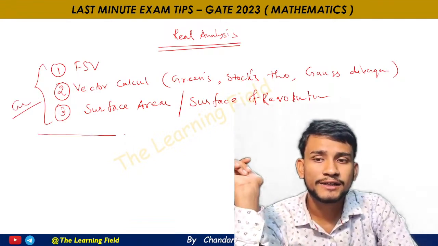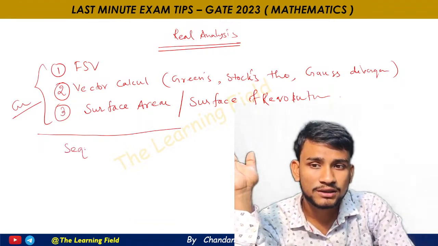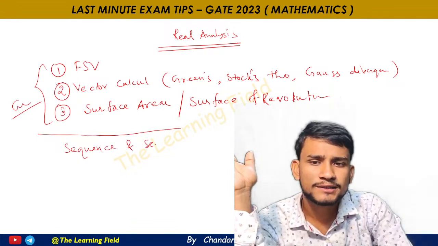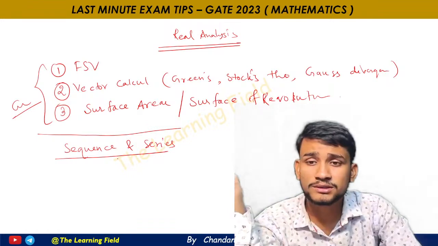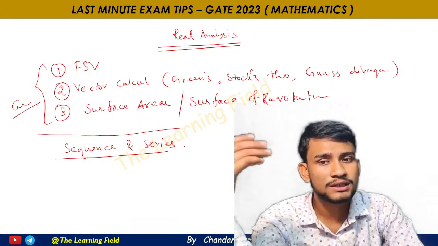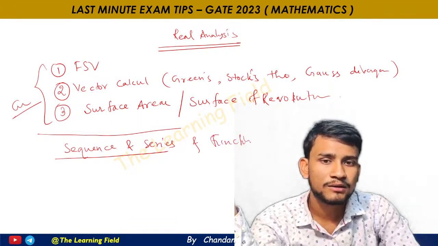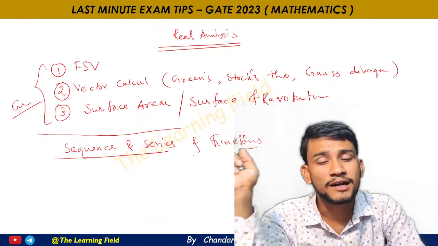And in real analysis, the sequence and series. You must read or revise this chapter once, sequence and series, and sequence of functions and series of functions. So these are the important topics for real analysis and the calculus portion.